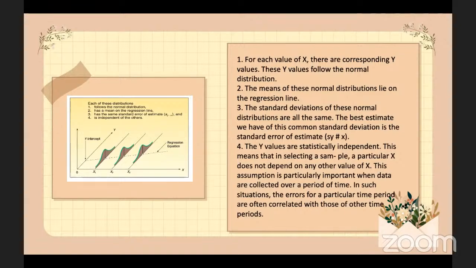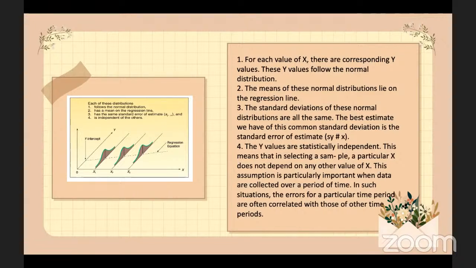Second, the means of these normal distributions lie on the regression line. Third, the standard deviations of these normal distributions are all the same. The best estimate we have of this common standard deviation is the standard error of estimate.